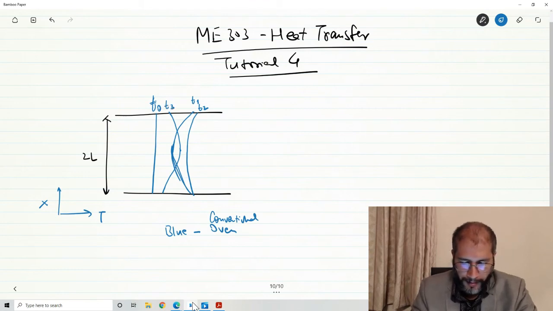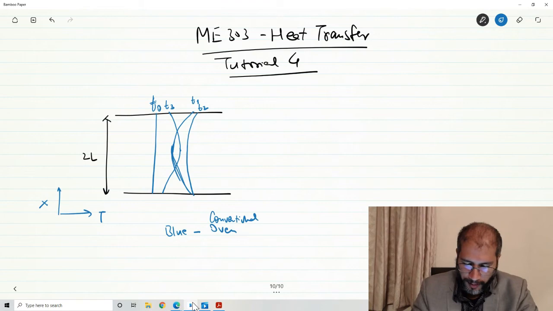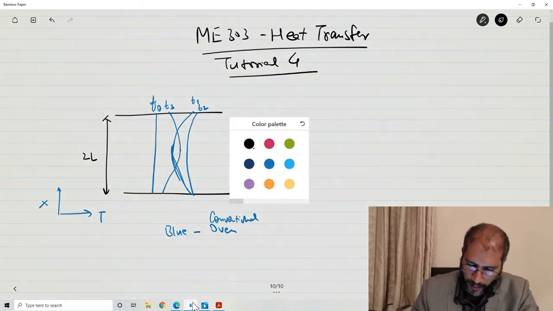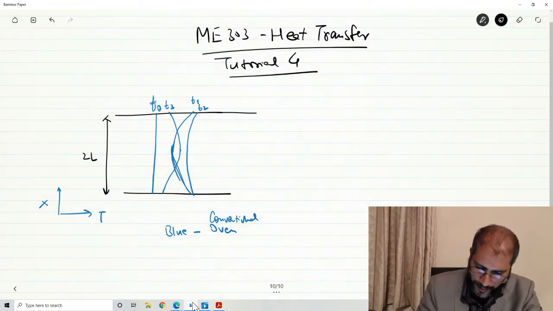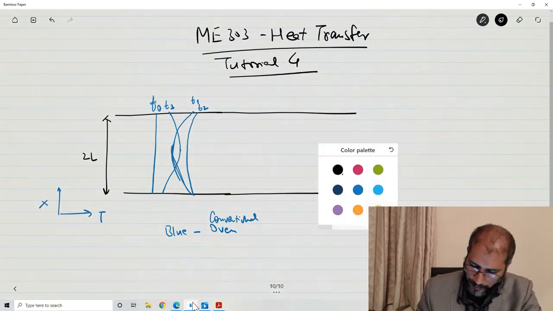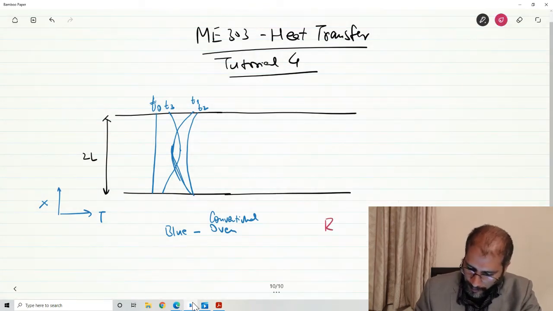Okay. Now for the other case, our microwave oven.